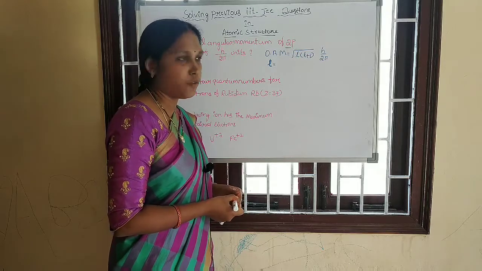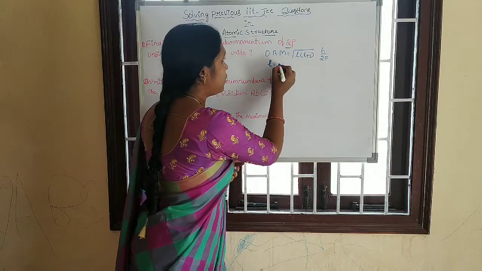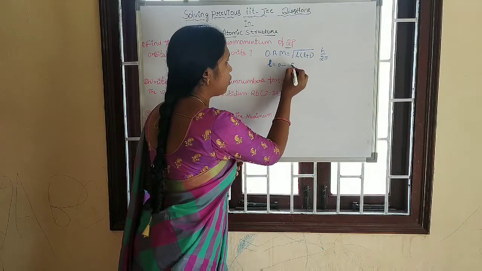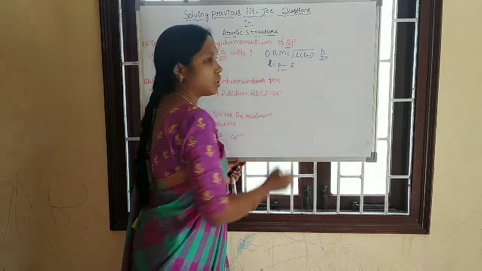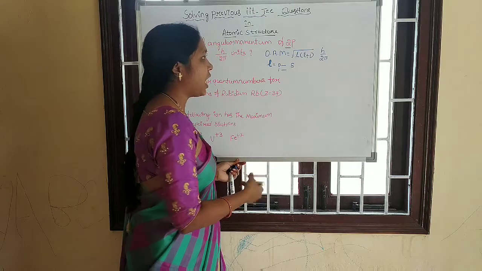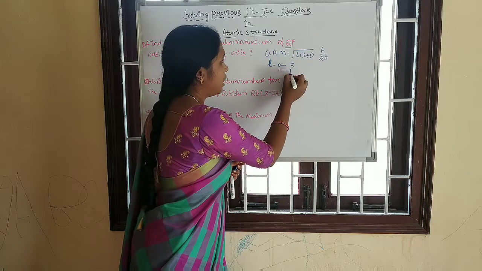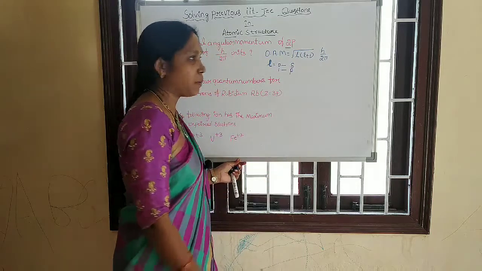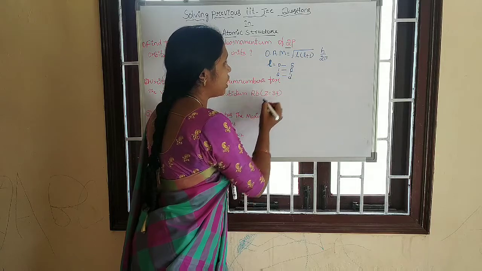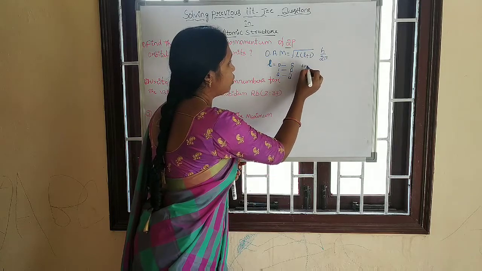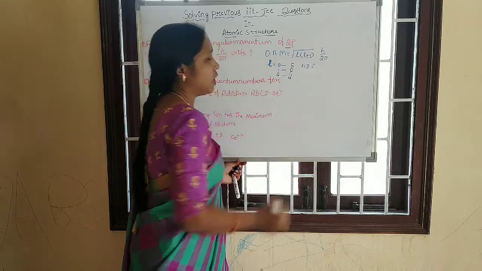If the L value is 0, the electron is present in the s subenergy level. If L value is 1, the electron is present in the p subenergy level. If the L value is 2, d subenergy level. If L equal to 3, f subenergy level.